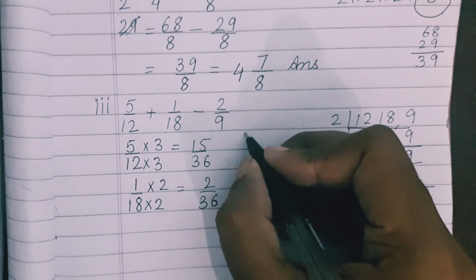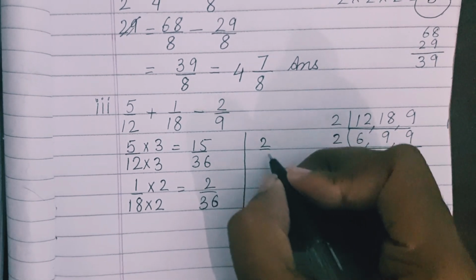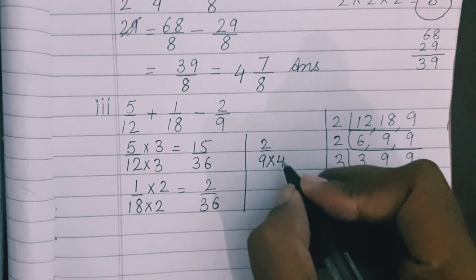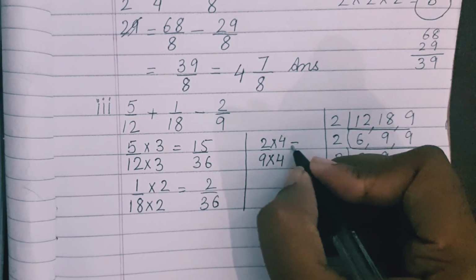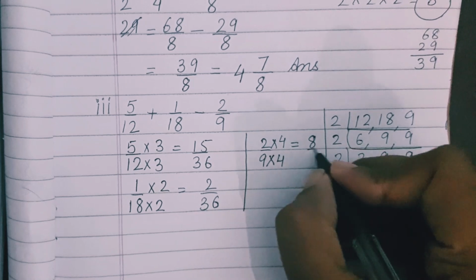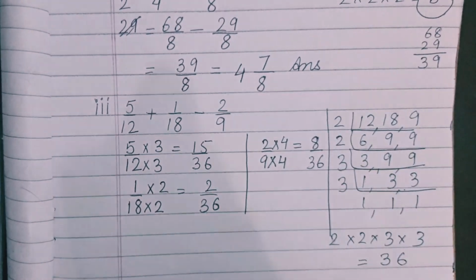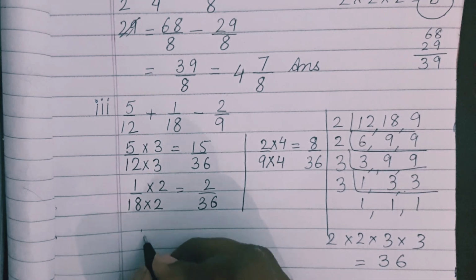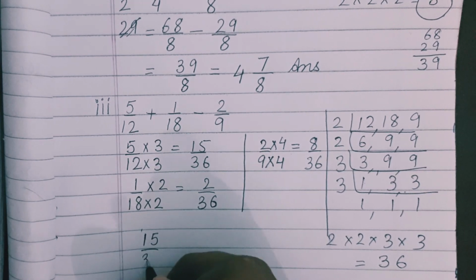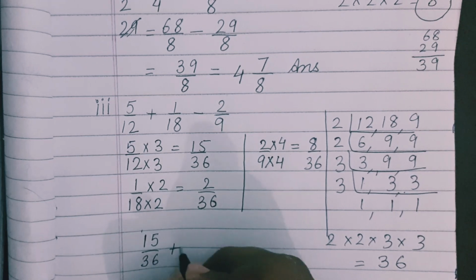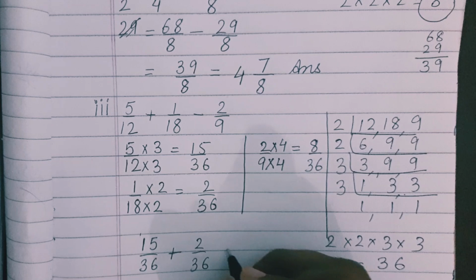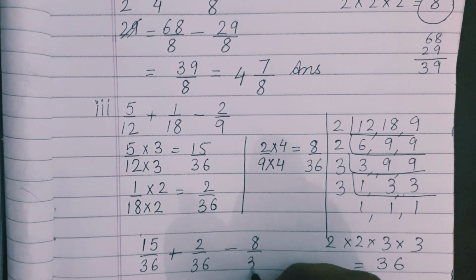Third fraction, 2 upon 9, you have to multiply 9 into 4, so upside also in the numerator with 4, 4 2s are 8 upon 36. Now you will write it 15 upon 36 plus 2 upon 36 minus 8 upon 36.